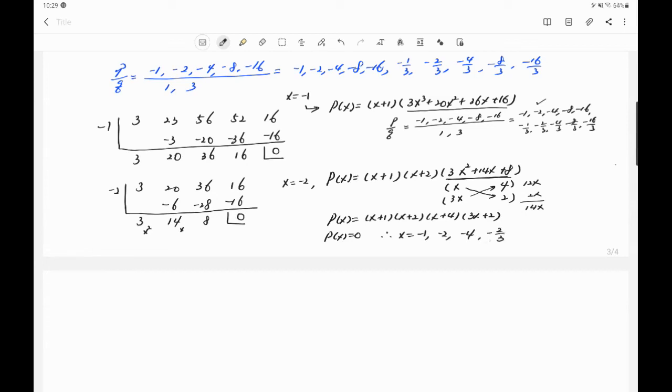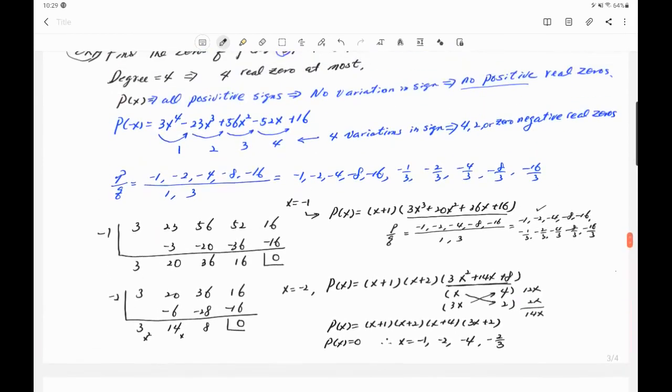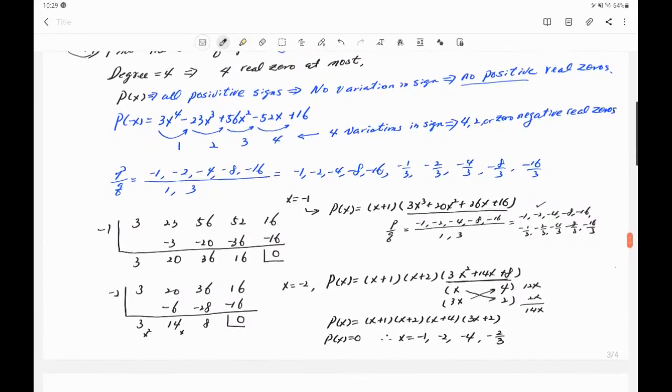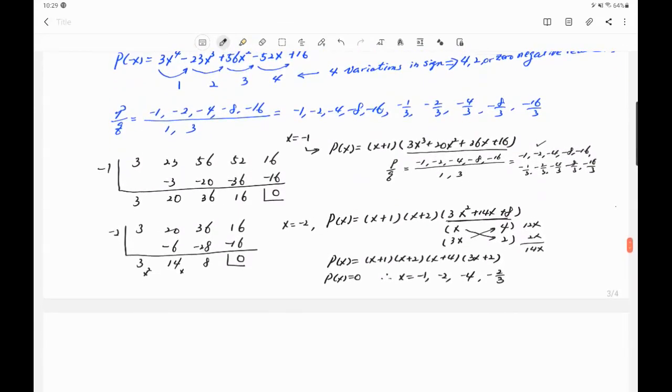So these are the solutions. Look at this: the degree is 4, so there are at most 4 real zeros. So there are 4 real zeros. If there is a complex solution, then we decrease the number of solutions by 2.